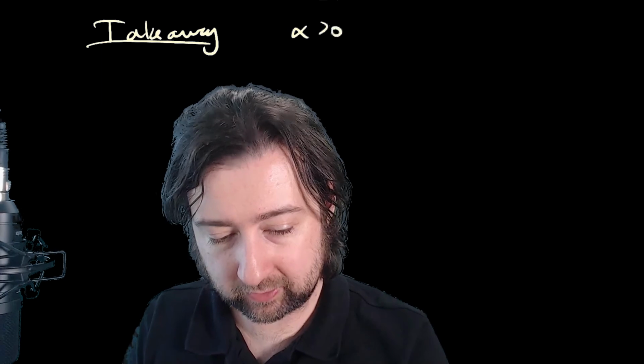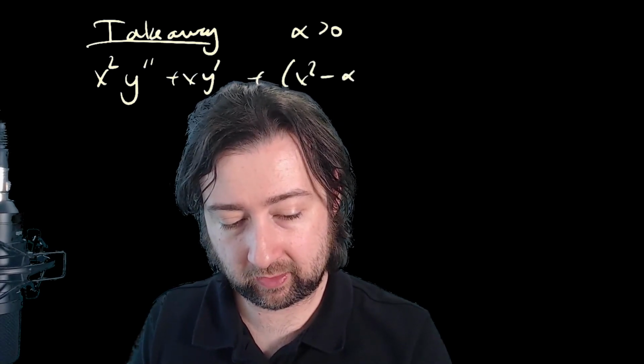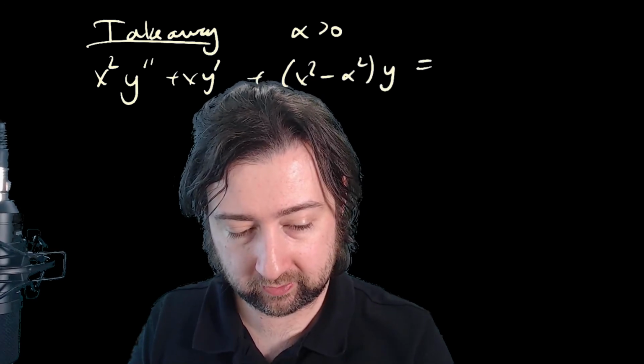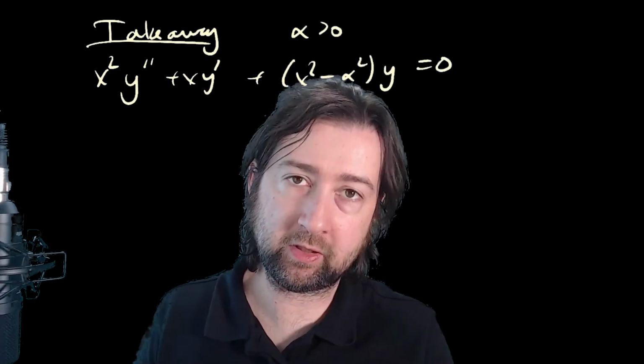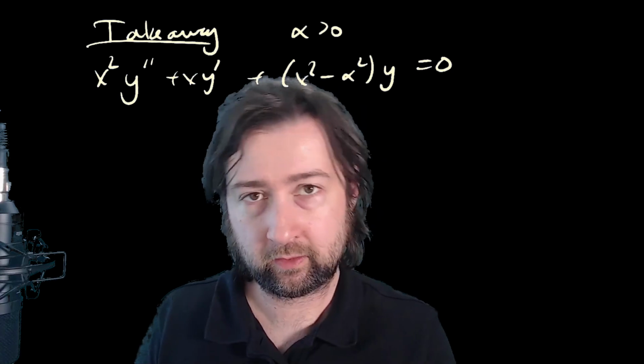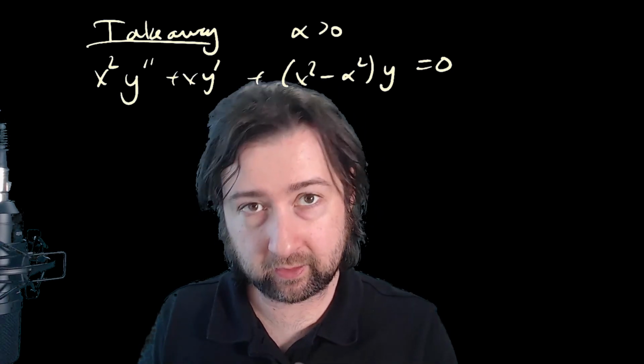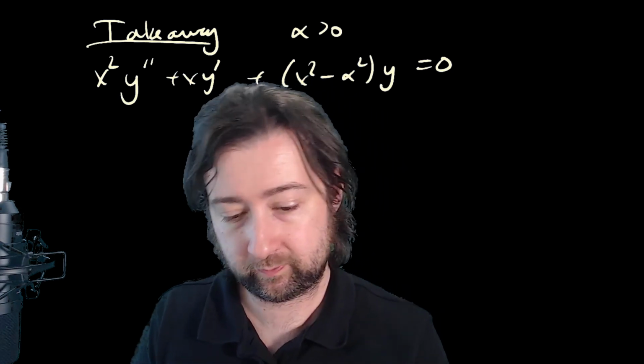So what do I care that you know about Bessel functions? So this is the takeaway. One, that if alpha is a positive number, then the differential equation x squared y prime prime plus x y prime plus (x squared minus alpha squared) y is equal to 0 has a family of solutions that are linearly independent called Bessel functions of the first kind and of the second kind of order alpha.